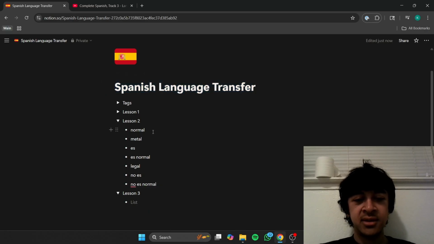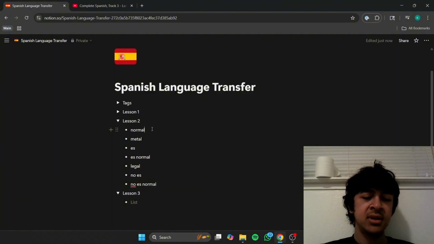We learned that some words in English could be transferred to Spanish, specifically the words ending in AL.